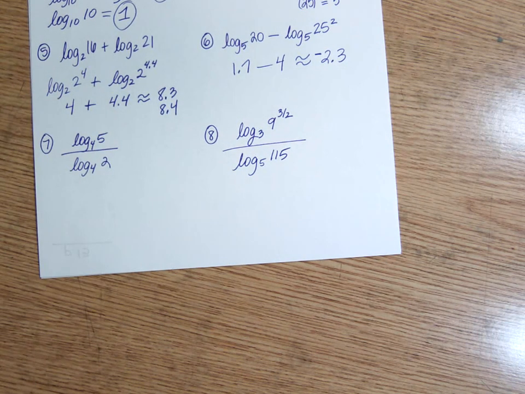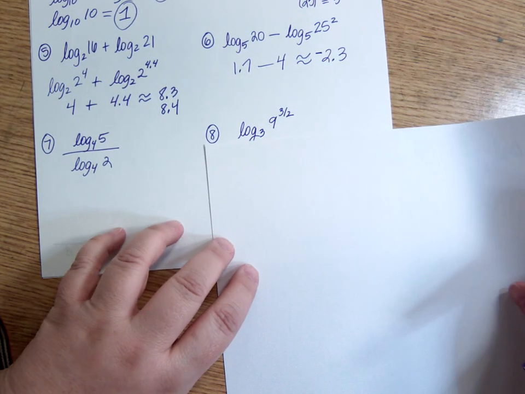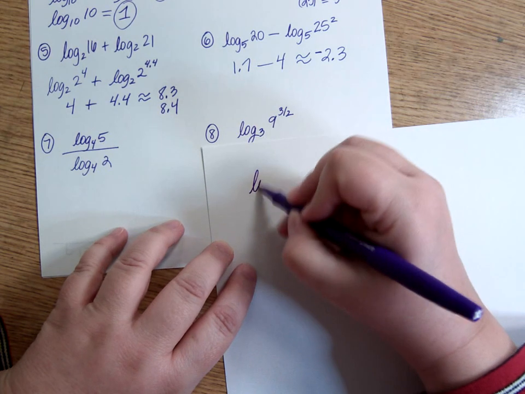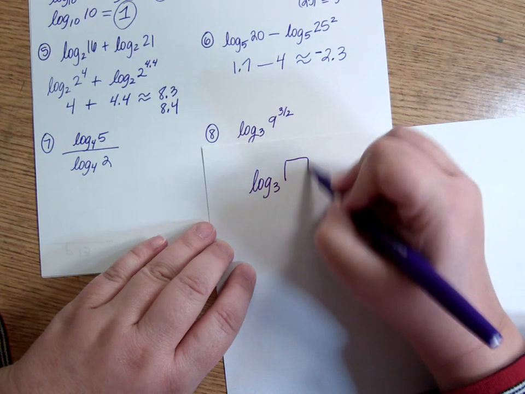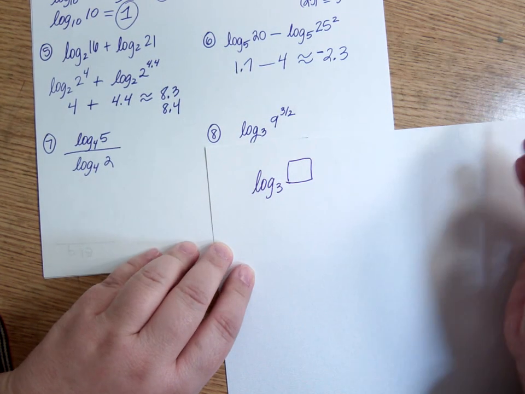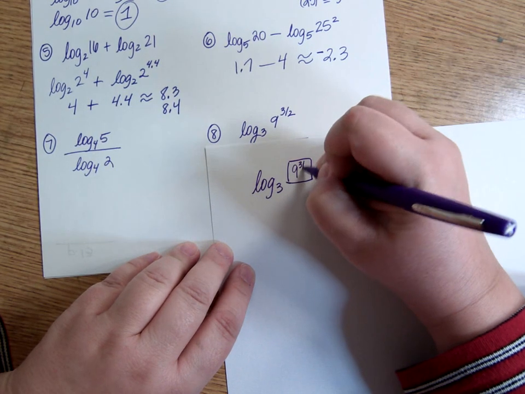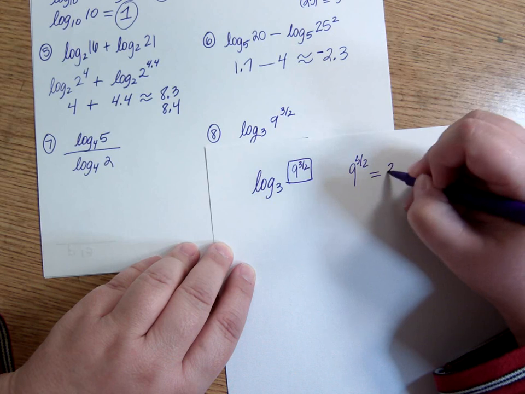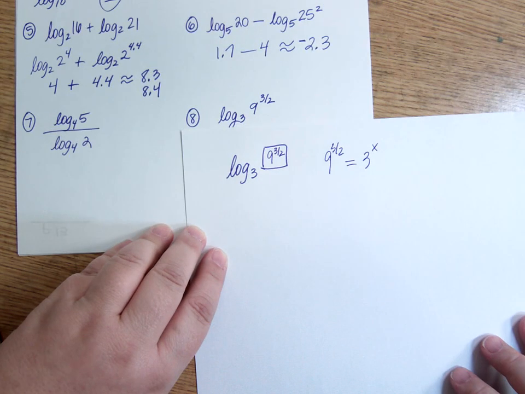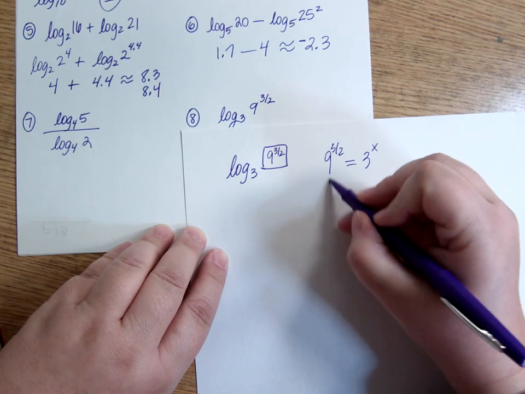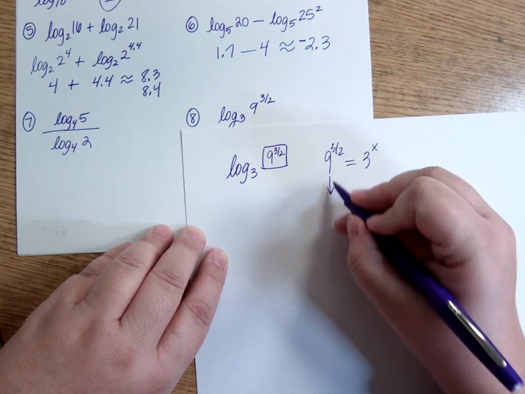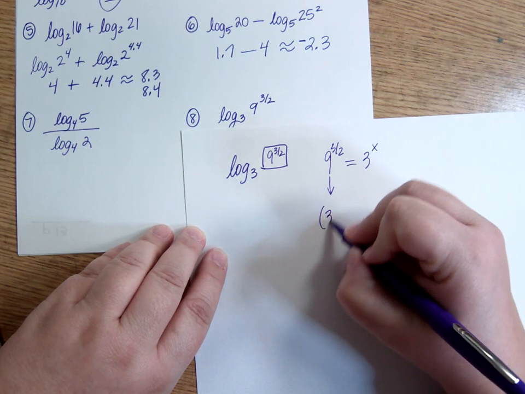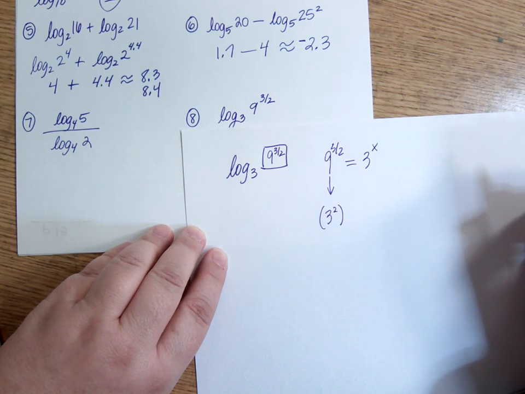Again, whenever we're trying to simplify a log, we're saying, is there any way that what's right here can be written as 3 to something? So when I see this, I'm asking myself, how can I write that as 3 to a power? So I'm going to take this 9, and I'm going to rewrite it as 3 squared. So I'm just writing the 9 now.